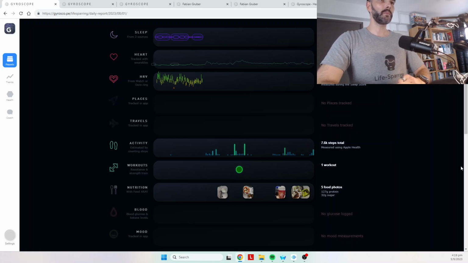At the same time, I also tracked in MyFitnessPal manually by scanning every product that I was using or eating, weighing everything and then putting it into the app. I think for this week we can quite well compare how good Food X-ray actually works.